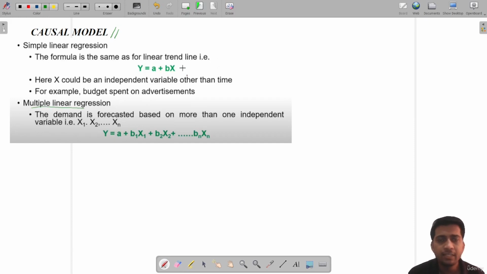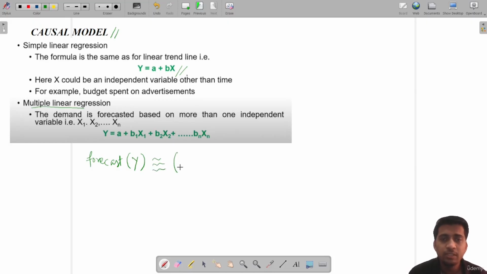Last time we saw a linear regression in which x, the variable, was the historical sales. But here our forecast, which is y, is dependent upon many other factors.